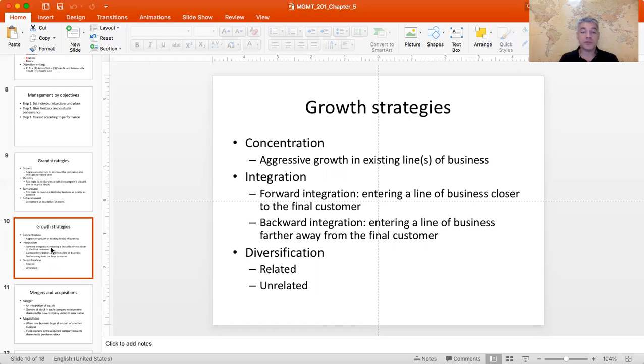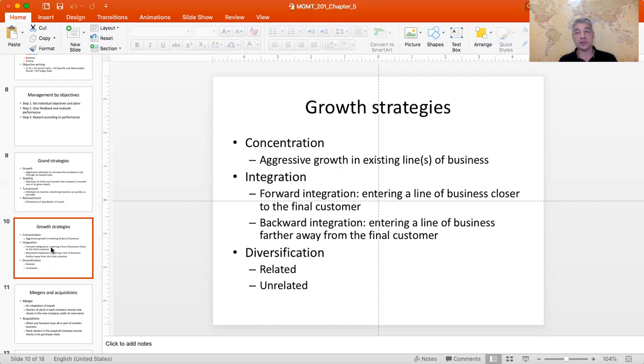So that would be an example of forward integration. You go one step further to the final customer. Backward integration is obviously the exact opposite. So now if you're Dell and you want to integrate backward, then you would acquire a manufacturer of those computer chips.